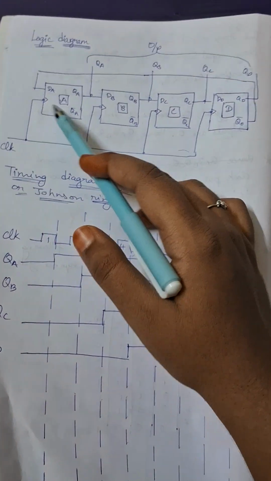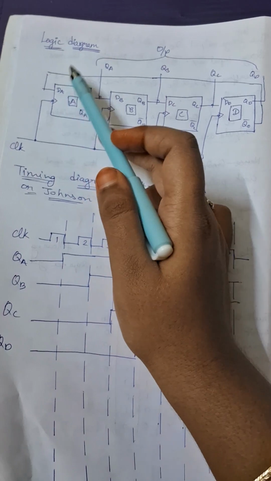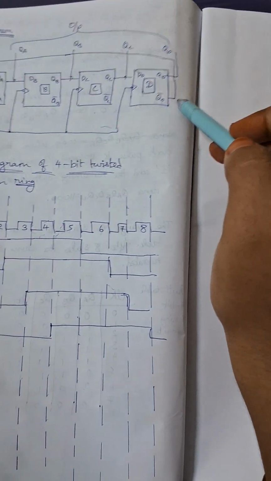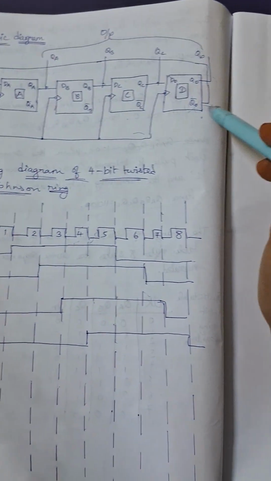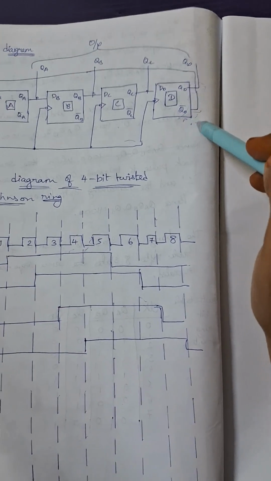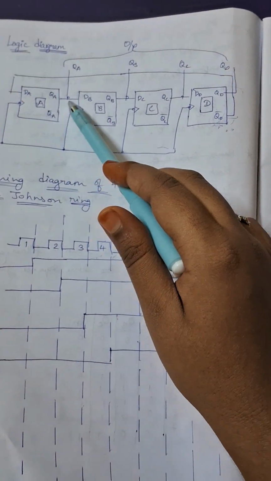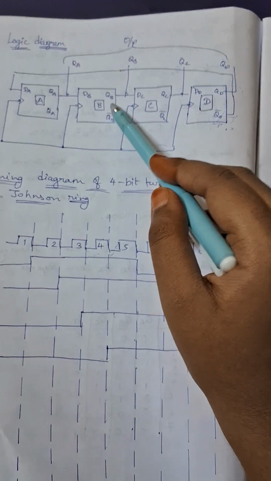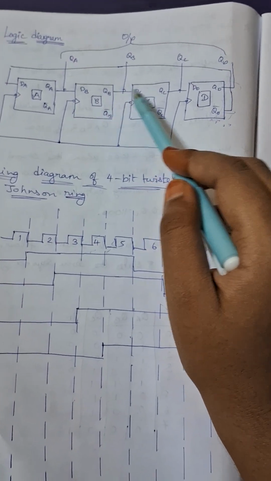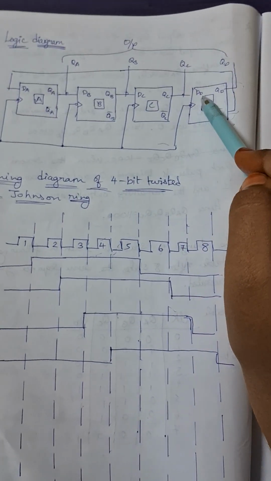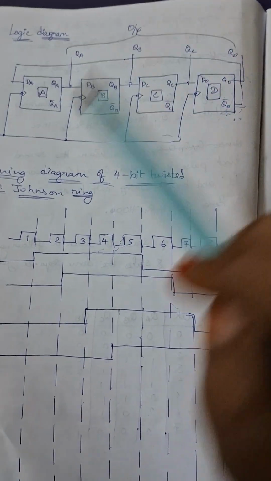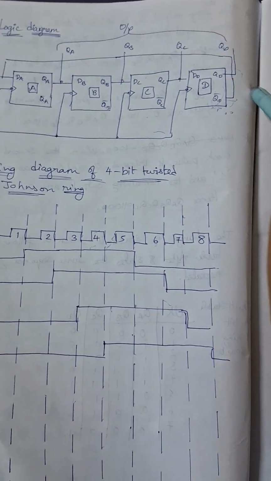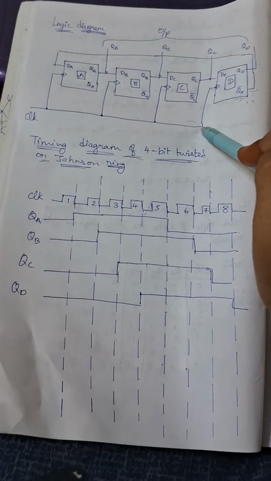So, that is what is happening. DA is connected to complementary Q bar D, and the line goes from QA to DB, QC to DD. QA, QB, QC, QD are the outputs. So, this is the logic diagram.